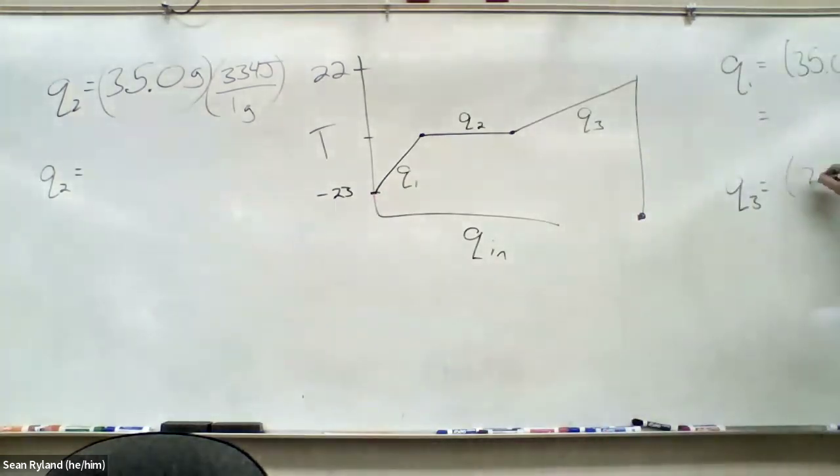Q3 is going to be the same 35 grams, a different specific heat because now it's water, and a different delta T, because we're not heating it up to 23 Celsius, we're only going to 22 Celsius.